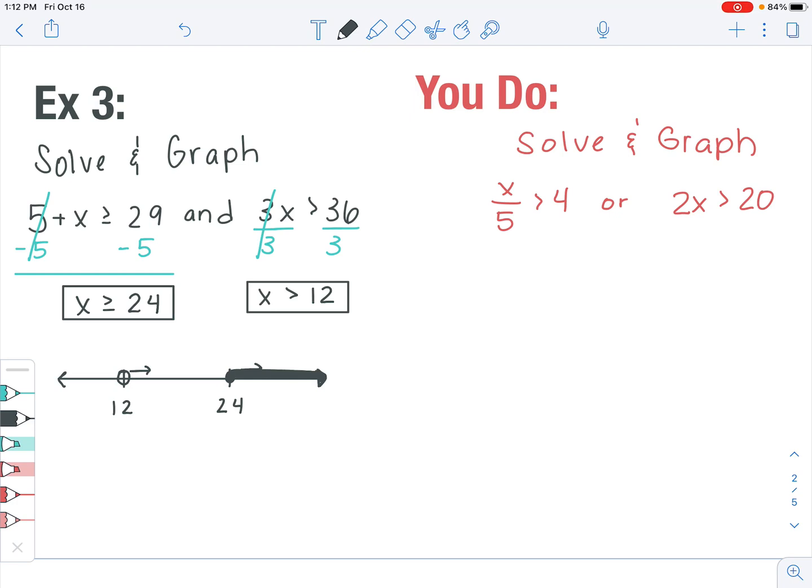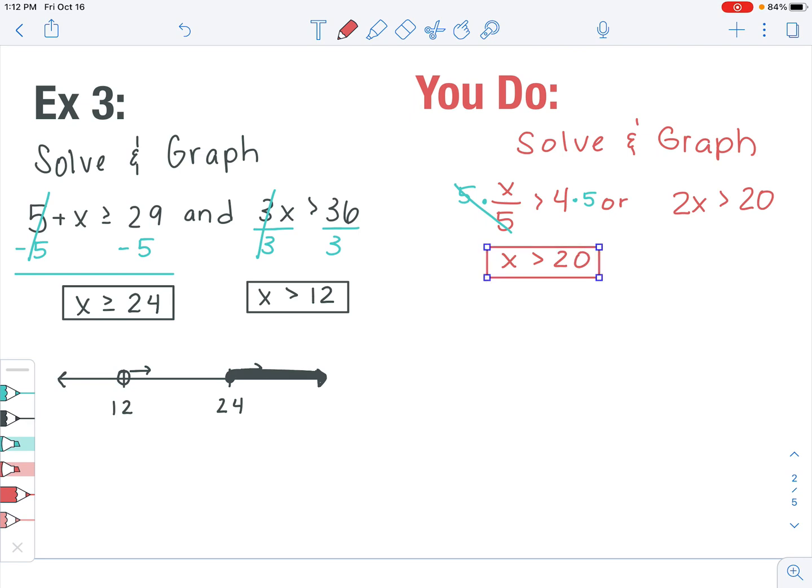All right, you try x divided by 5 is greater than 4 or 2x is greater than 20. In order to solve this first one, you're going to multiply by 5, which leaves you with x is greater than 20.